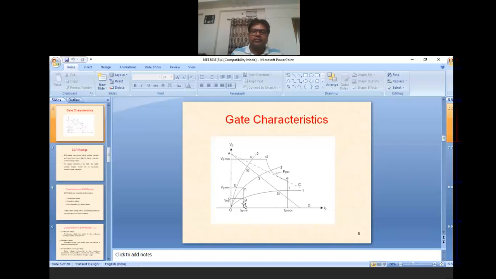Even if Ig minimum is there, if the gate voltage falls to a value called non-triggering gate voltage VNG, then SCR cannot conduct, it cannot be turned on. So these five are the important factors regarding the gate voltage and current, and the other important thing is the average power consumption of the gate. This should also be within the specified limits.